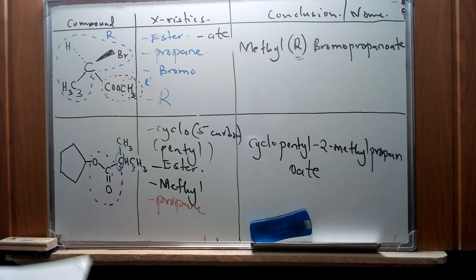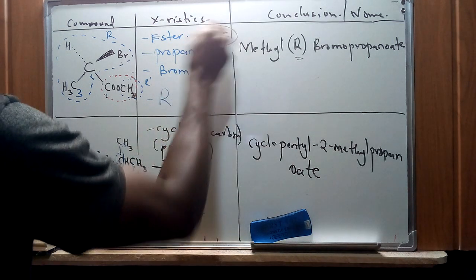Therefore, esters are named by first identifying the alkyl group and then the carboxylic acid, by replacing the suffix -oic with -ate, as I said from our first example.